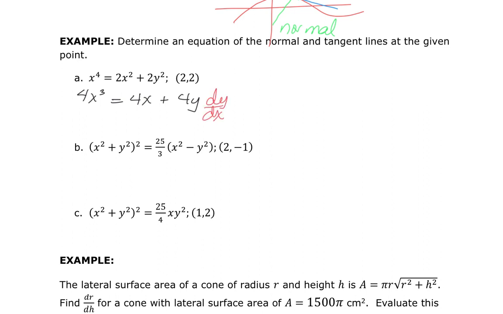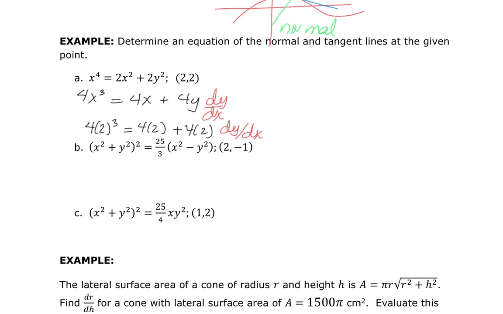Now this dy/dx is going to give me the slope of the tangent line. So I'm going to evaluate this at (2, 2). So I have 4 multiplied by 2 to the third, which is equal to 4 multiplied by 2 plus 4 multiplied by 2 dy/dx.